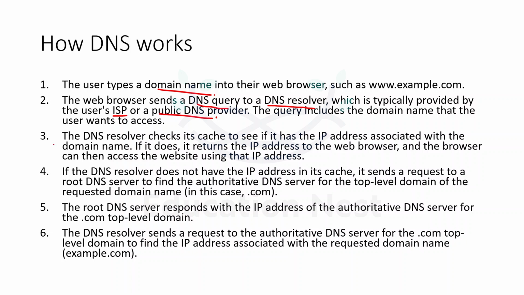But if the DNS resolver does not have the IP address in the cache, then it will send the request to the root DNS server to find the authoritative DNS server for the top level domain. Top level domain means .com, .org, all of these are top level domains.